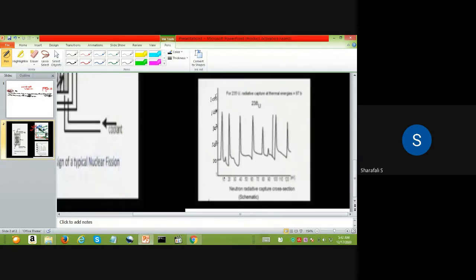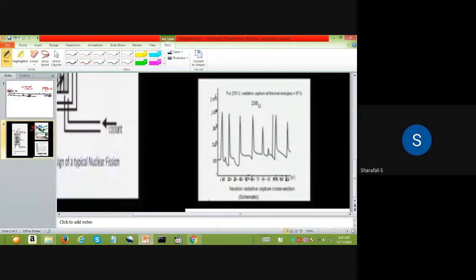And then in the x-axis, we have a linear scale. So this is 10, then 20, 30, 40, 50, 60, 70, 80, 90, 100, 110, 120, it will go like this.